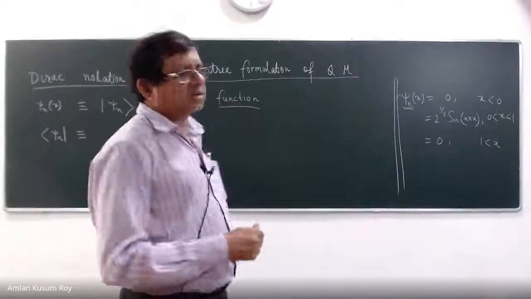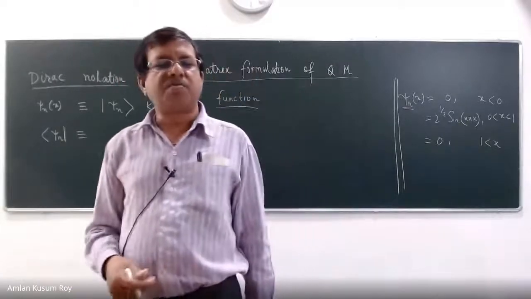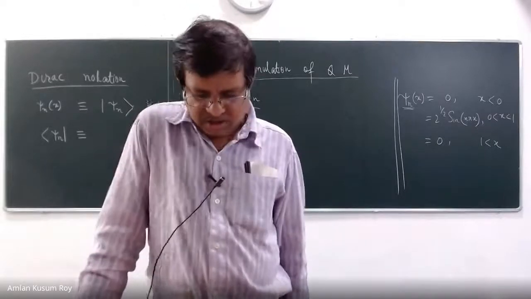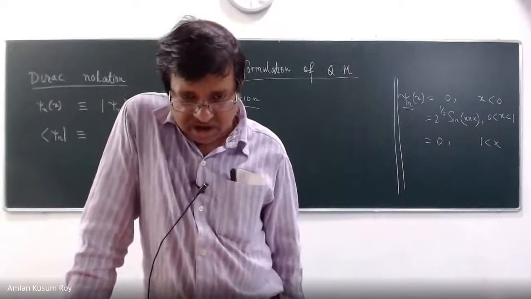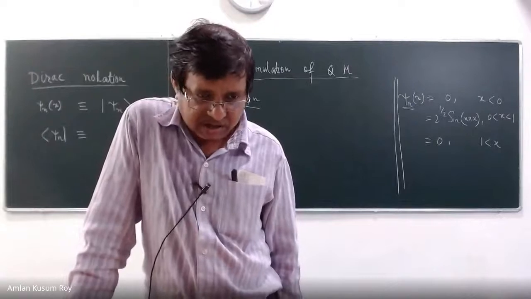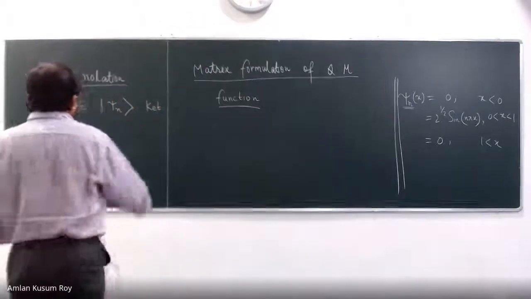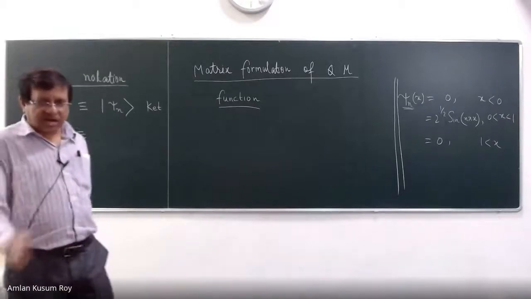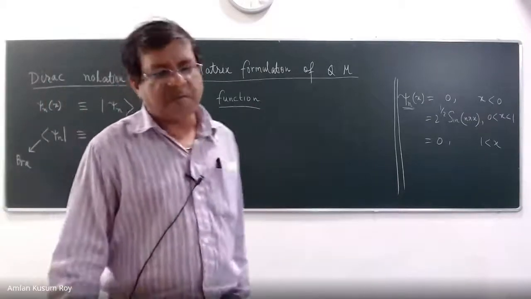For the case of functions, the complex conjugate is good enough, but in more general terms they will actually be adjoints. The bra and the ket: this is called the ket, and this is the bra vector. So bra and ket are interconnected by an adjoint operation.